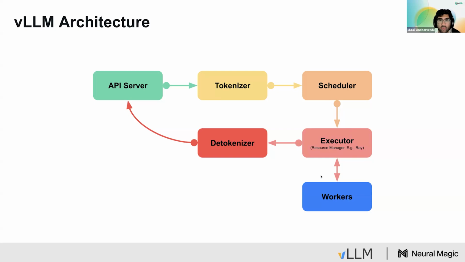This executor will manage each of the workers that we have, which are associated with a particular accelerator. So it's this executor that issues these distributed inference commands to all of these workers, and then returns the results back to the scheduler. And so this is primarily where this distributed execution happens.